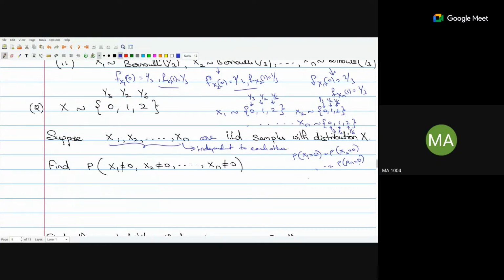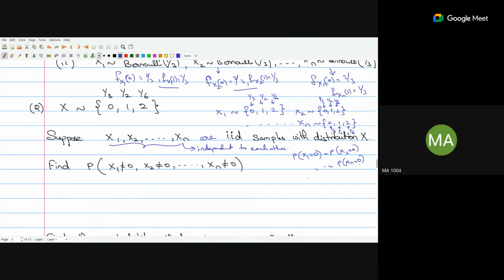So you see the PMF of x1 is the same as the PMF of x2, which is the same as the PMF of x3. All the PMFs will be identical. So instead of considering x2, x3, x4, xn, you can simply consider all other random variables as x1 only, or you can treat all x1 to xn as x itself.